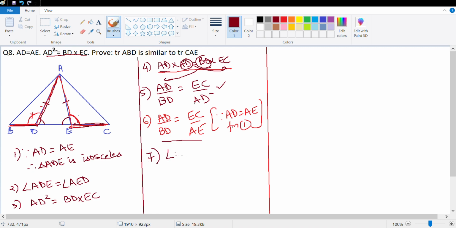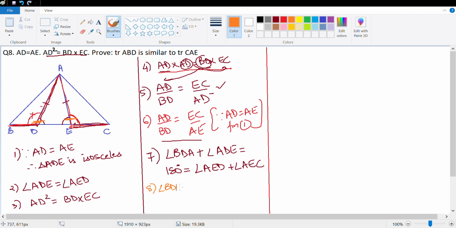Angle BDA plus angle ADE is equal to 180 degrees. This is a linear pair, which is also equal to angle AED plus angle AEC. So what I am saying is the sum of these two angles and the sum of these two angles is equal. It is 180 degrees. Let's write that down.